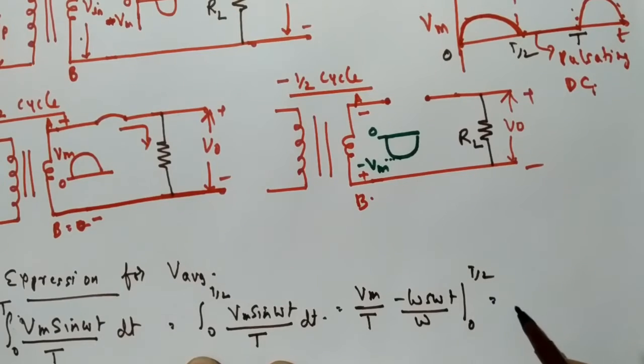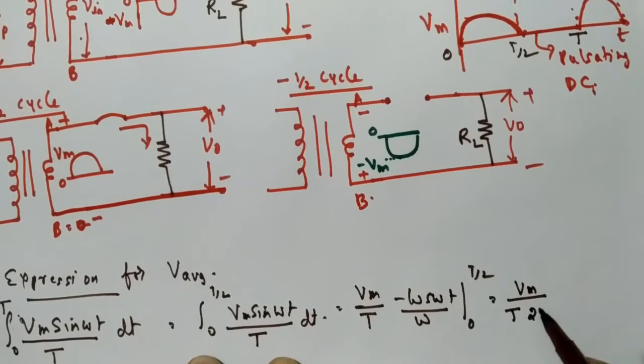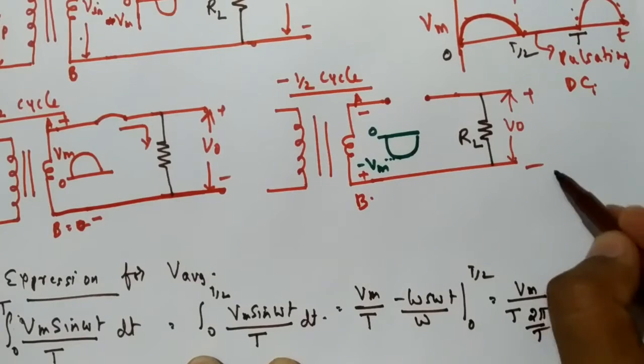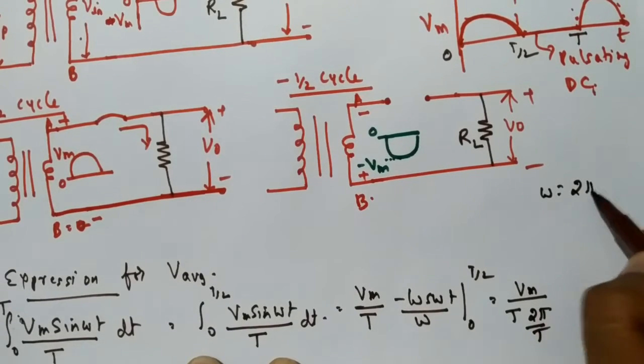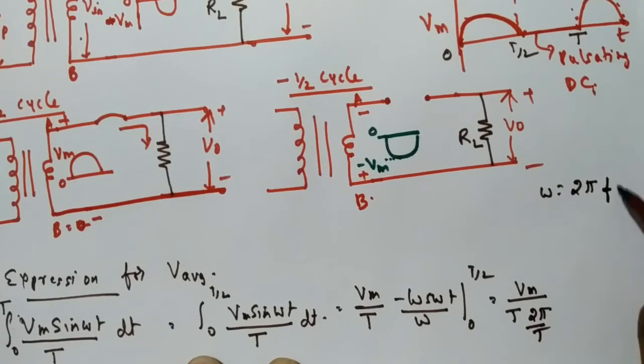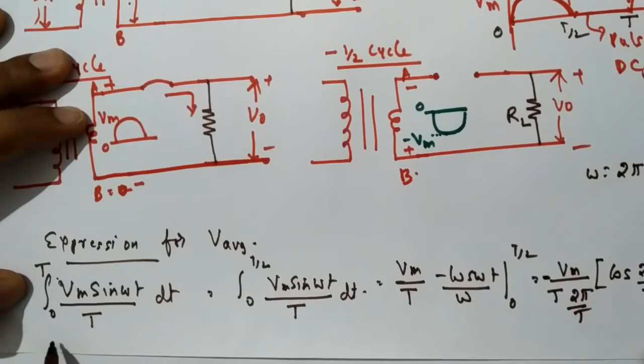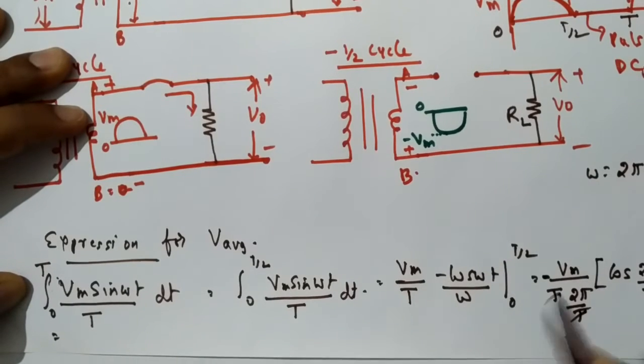So this will be equal to Vm divided by T into omega, you bring here. What is omega? Omega is 2 pi by T, because omega is the angular frequency, which is 2 pi f, and f is equal to 1 by T. Therefore omega is equal to 2 pi by T, into minus cos of 2 pi by T, that is omega, into t, from 0 to T by 2. Now T and T get cancelled.